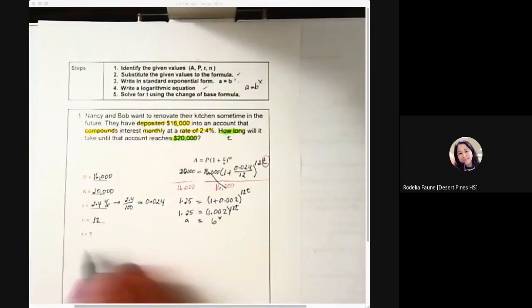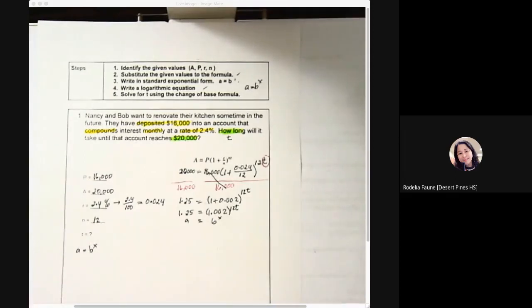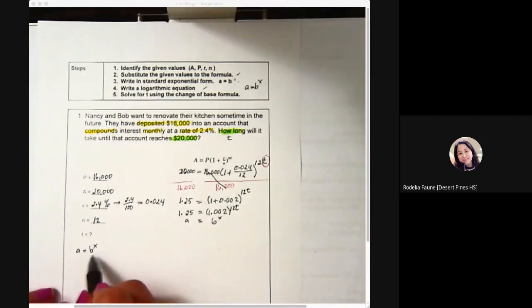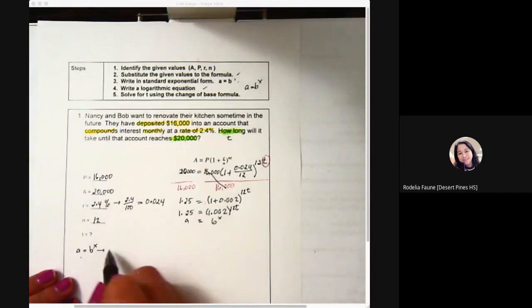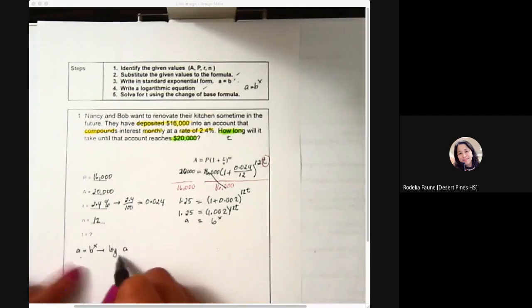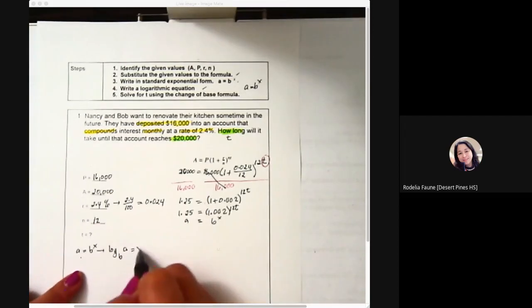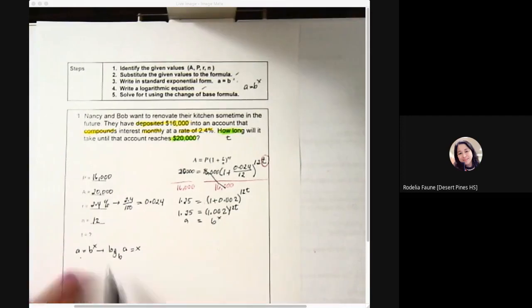So going back, let us recall, how do we transform or express A equals B to the X in exponential form? So remember, we can transform this as the logarithm of A to the base B is equal to X. Okay, the logarithm of A, that's the base, and that's the exponent.